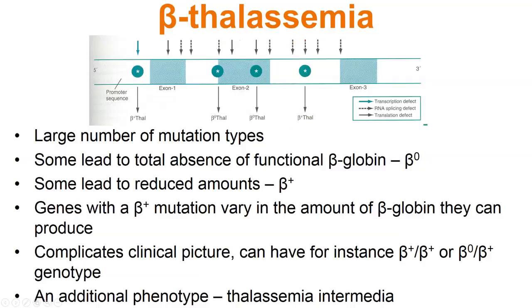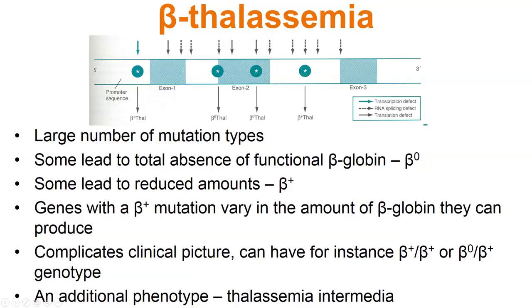Okay, so I used beta thalassemia in an earlier lecture when we were talking about mutation types. So you've already seen this particular figure. With beta thalassemia, there's a large number of known mutation types. I showed it to you earlier as an example of a disease where very frequently we see splice site mutations, and those are the little dashed arrows there.